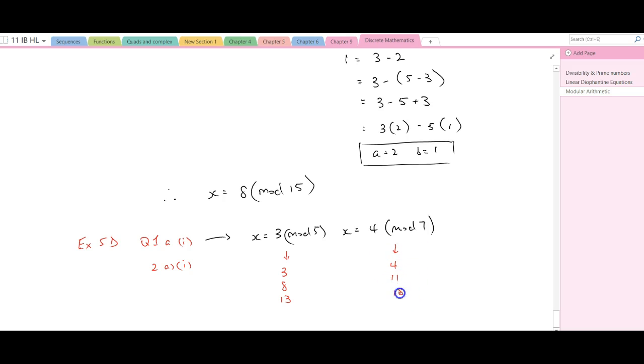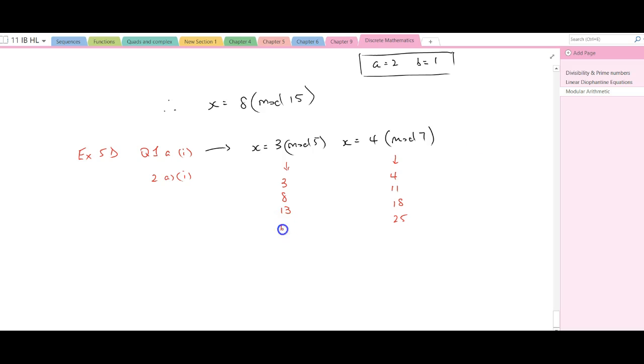We're going up in 7s here, and in 5s there. So we go to 18, 23, 28 and 33. And in 7s, 32. Have we come across any commons yet? Yes, we have, 18 and 18. So our solution is x is equal to 18 mod, because 5 and 7 are coprime, 35.